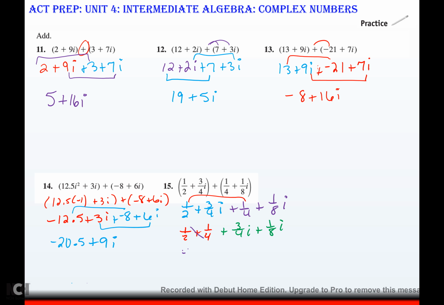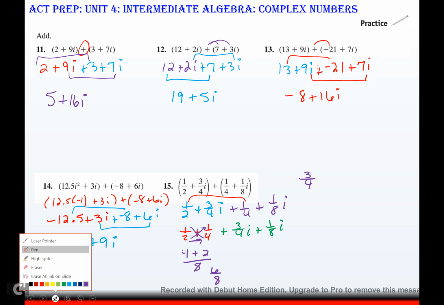So criss would be 4, plus, because we're adding, cross would be 2, over straight across would be 8. That's 6 over 8, which reduces down, by 2, to 3/4. There's my real. Now I've got to do my imaginaries.